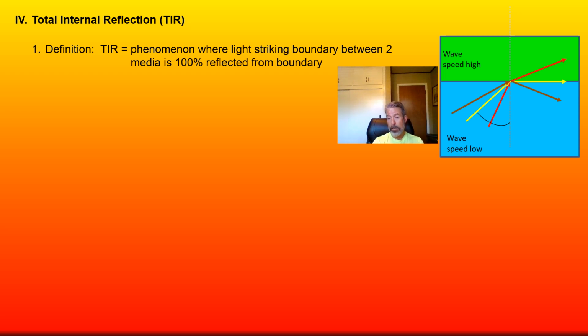And while it really is a phenomenon of refraction that is causing this, it looks like that ray is being reflected at the boundary. So this is why we call it total internal reflection.